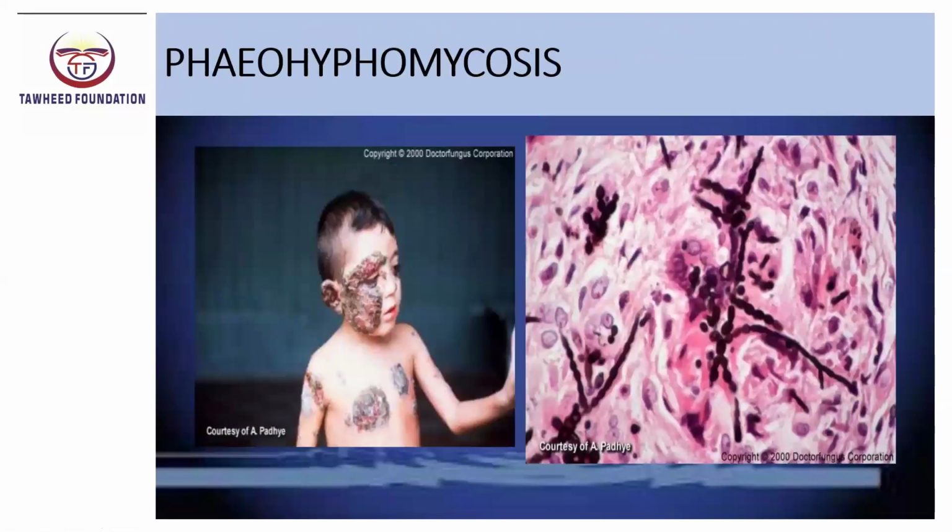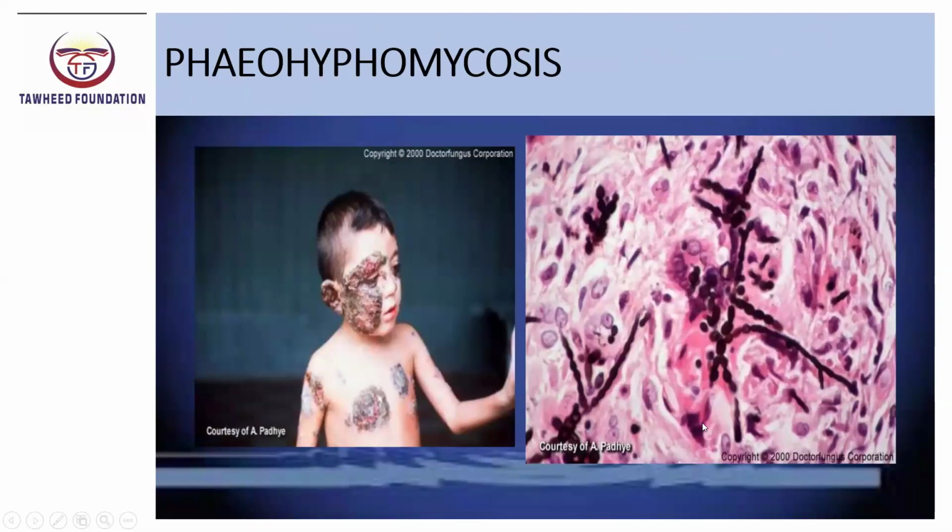Third is phaeohyphomycosis, a subcutaneous or brain abscess caused by dematiaceous fungi. The affected areas are the thighs, legs, feet, arms, and brain, that is, cerebral. Etiology: dematiaceous imperfect mold fungi, mainly Cladosporium, Exophiala, Wangiella, and Cladophialophora.